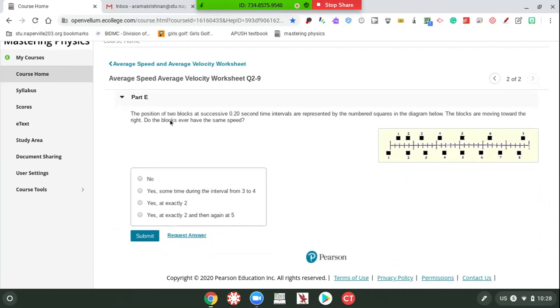Okay, the position of two blocks at successive 0.2 seconds, diameter represented by the number of squares. The blocks are moving towards right. The blocks have symmetry.